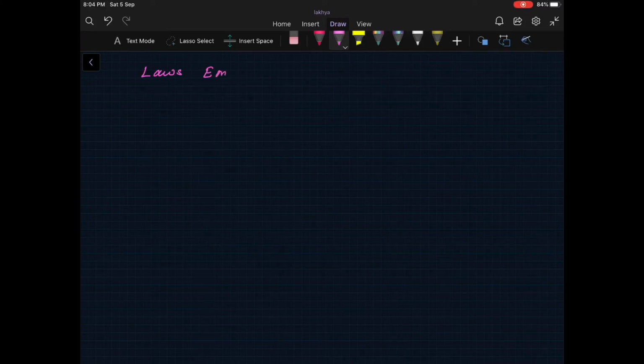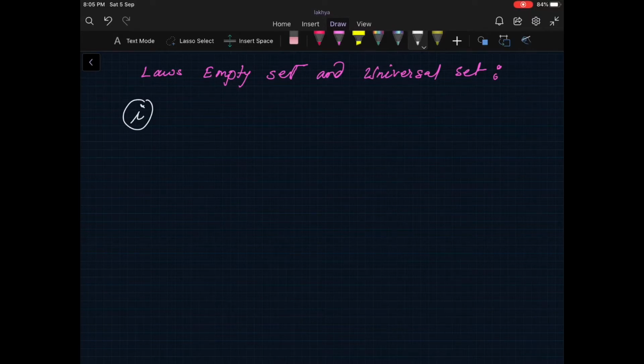Laws of empty set and universal set. Okay, so what are the laws? Number 1, complement of null set is universal set, and the next law is complement of universal set is null set.